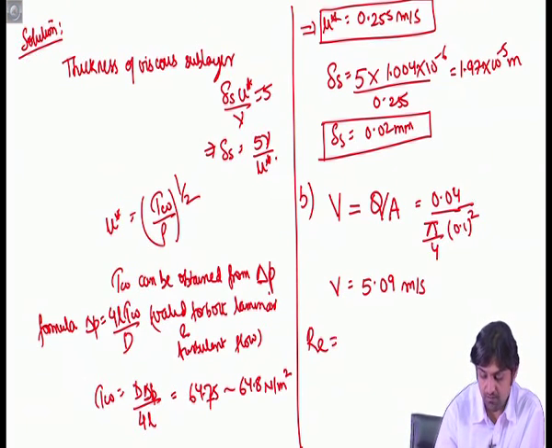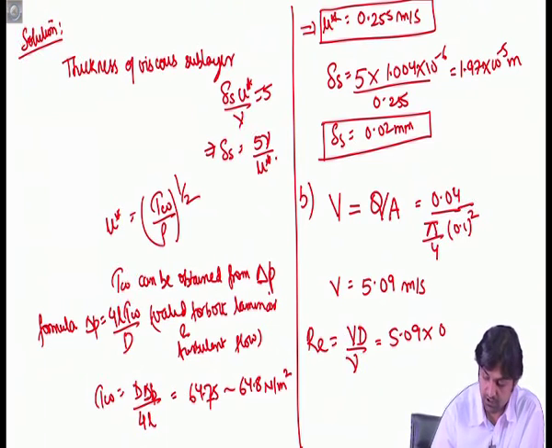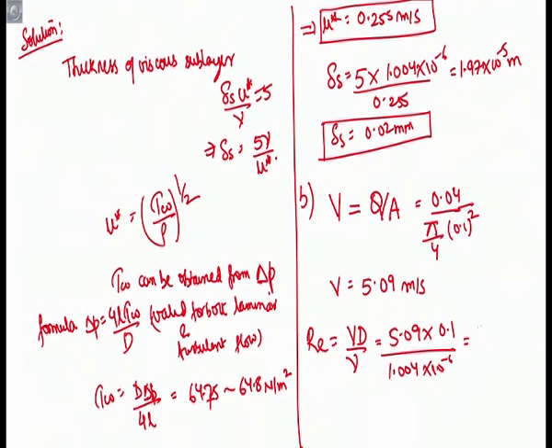The corresponding Reynolds number will be Vd by nu. Values we already know. V is 5.09, diameter is 0.1, and nu is 1.044 into 10 to the power minus 6. So it comes to be 5.07 into 10 to the power 5.